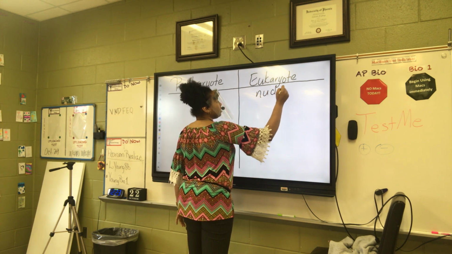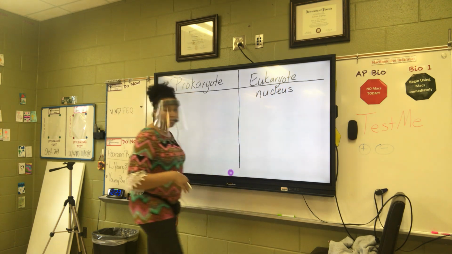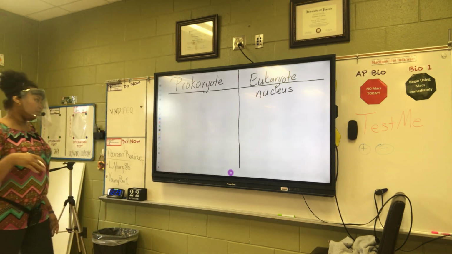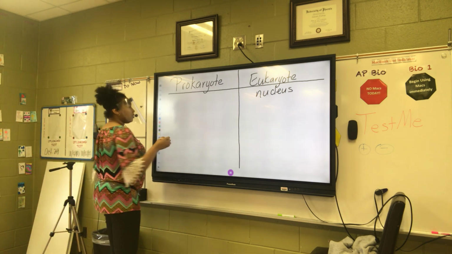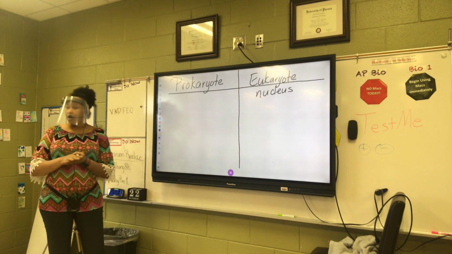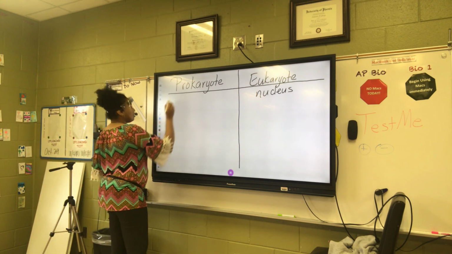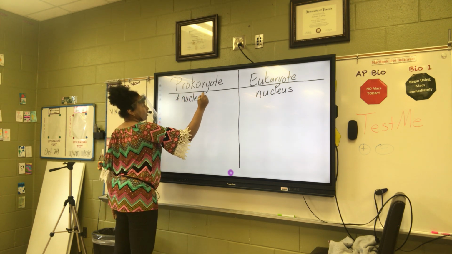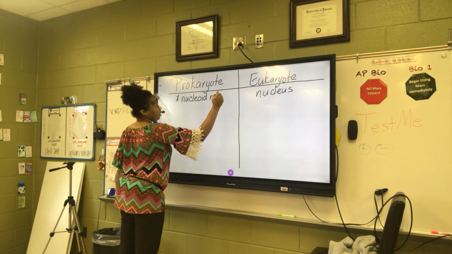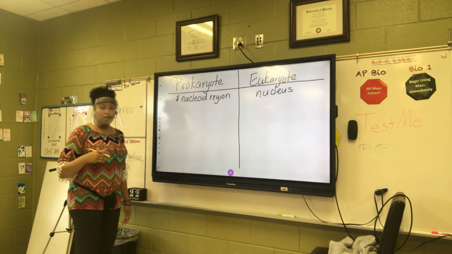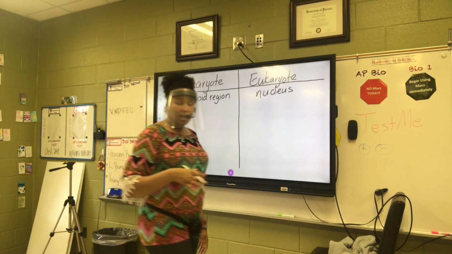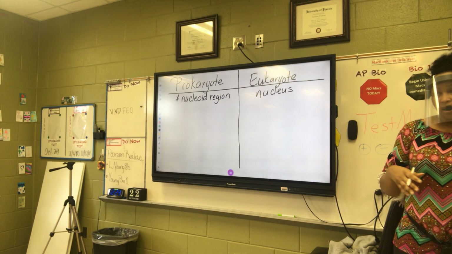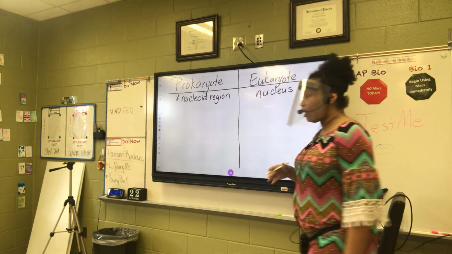And so a nucleus is going to actually separate the genetic information from the cytoplasm. It's enclosed inside of the nucleus. In a prokaryotic cell, though, the DNA actually lies in the cytoplasm, and the area where the DNA lies in the cytoplasm is called a nucleoid region. Don't confuse nucleoid region with nucleus. A nucleus implies that there is a membrane separating the DNA from the cytoplasm.